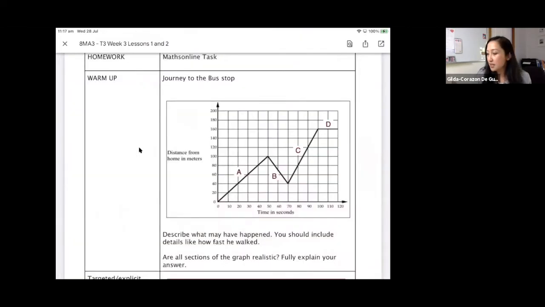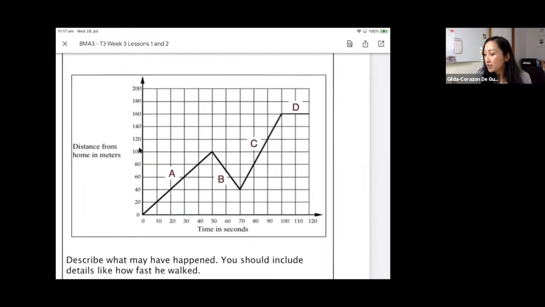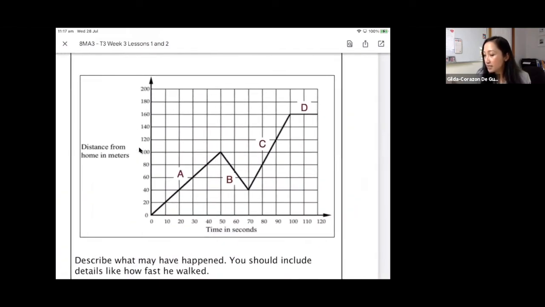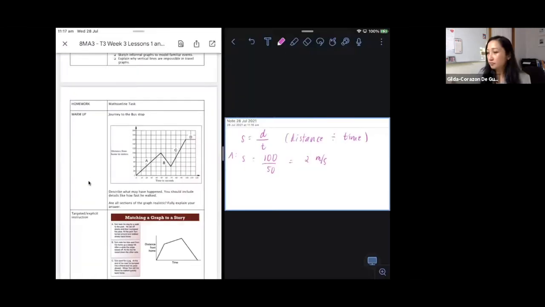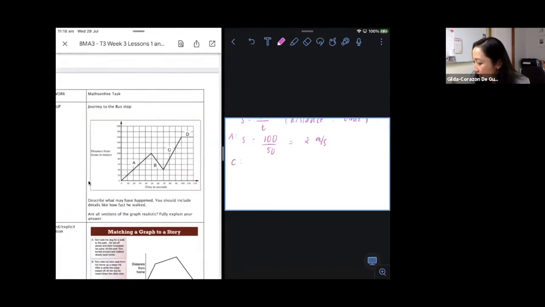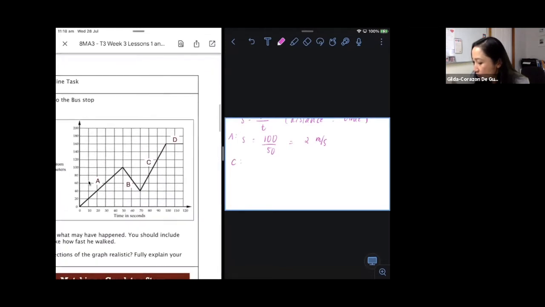Our segment C, which one do you think he went faster? Was it in segment A or was it in segment C? And how do you prove that? The line says that they traveled more distance in less time. Yep, so with segment C, we can say that how far did Rocky travel?